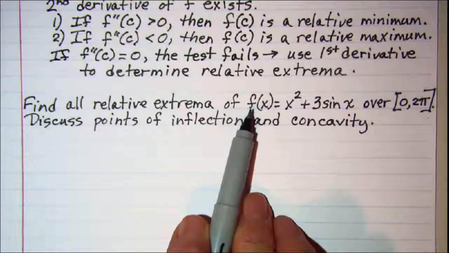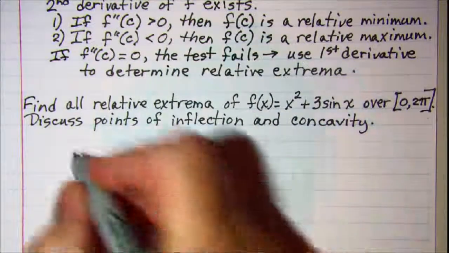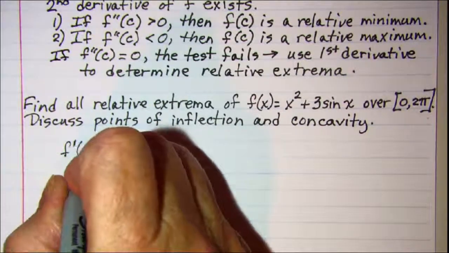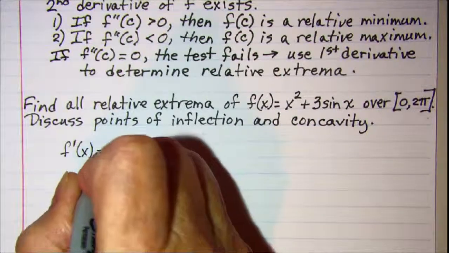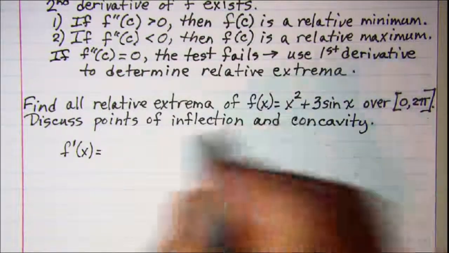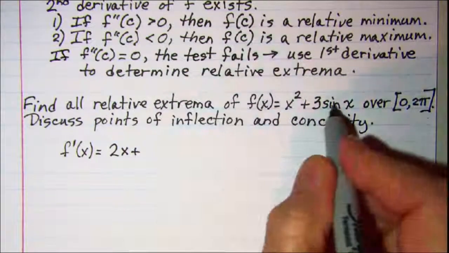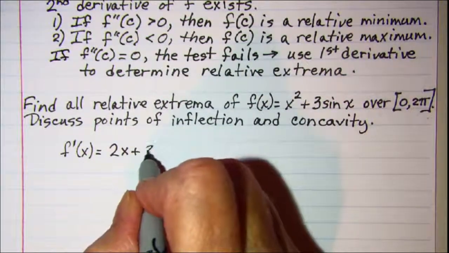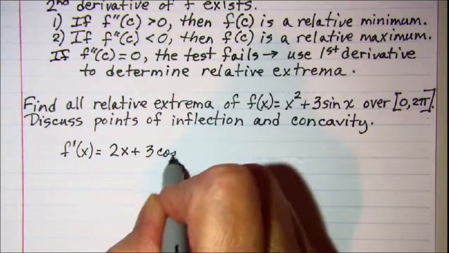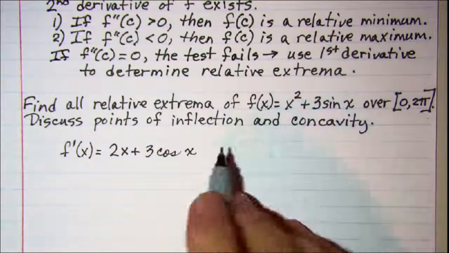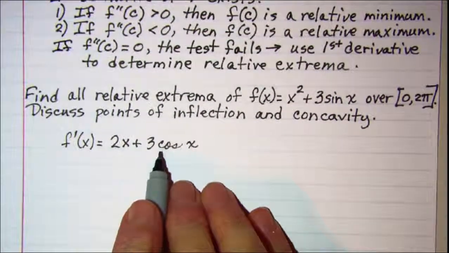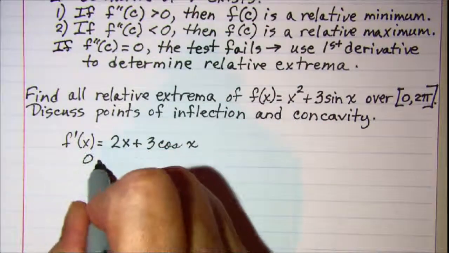We'll find the first derivative of f, and that is 2x plus 3 cosine x. Now to find our critical numbers, we need to set this equal to 0.